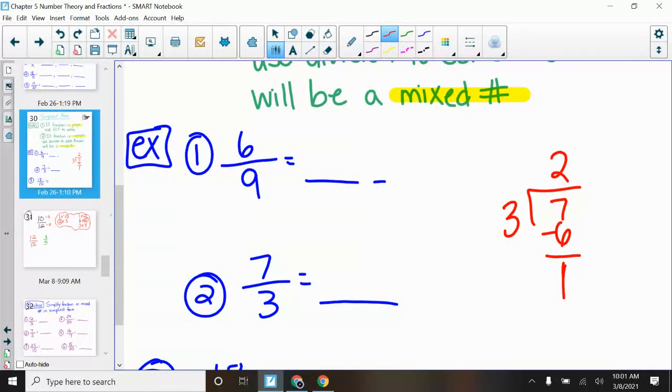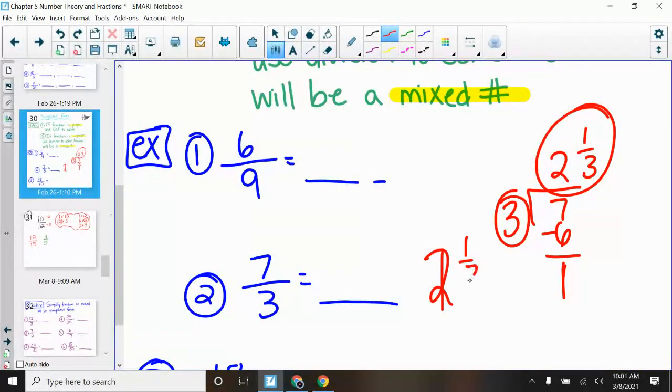What happens to that 1? Shane, this is your problem. Finish it up. Put the 1 as a fraction, 1/3. And then the denominator is whatever my denominator was when we started. It was a 3, so it stays a 3.